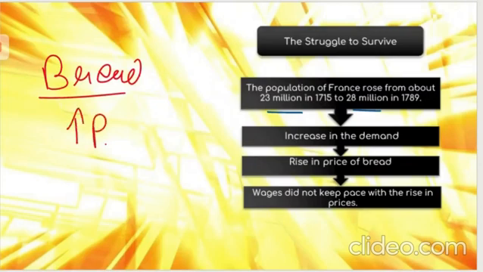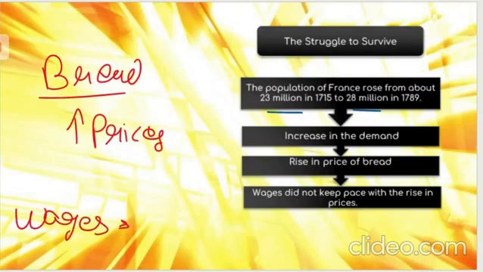So the price of bread increased, as demand increased, so price also rose more and more. But the problem was that the wages given to the people who worked were the same.